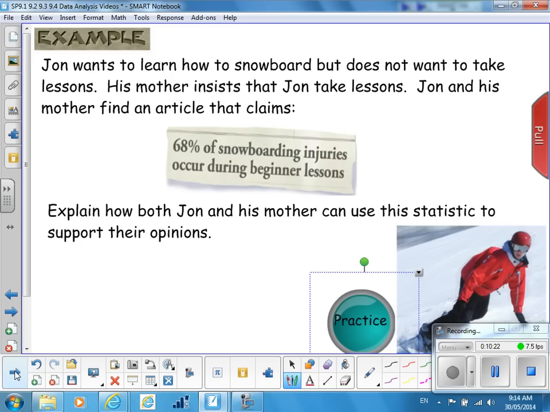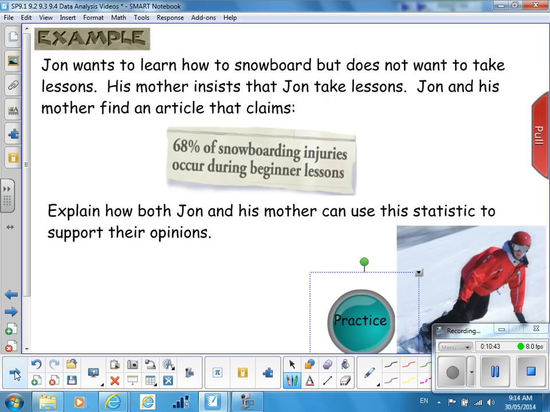John wants to learn how to snowboard, but does not want to take his lessons. His mother insists that John take lessons. John and his mother find an article that claims 68% of snowboarding injuries occur during beginner lessons. How can both John and his mother use this statistic to support their opinions?